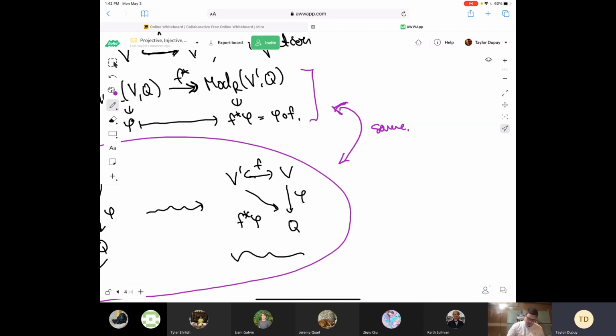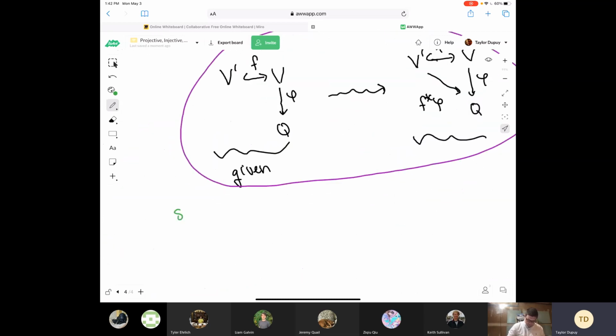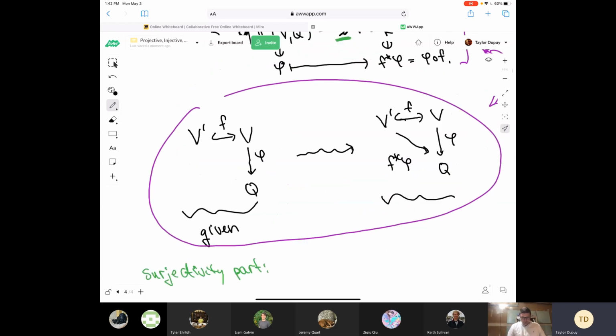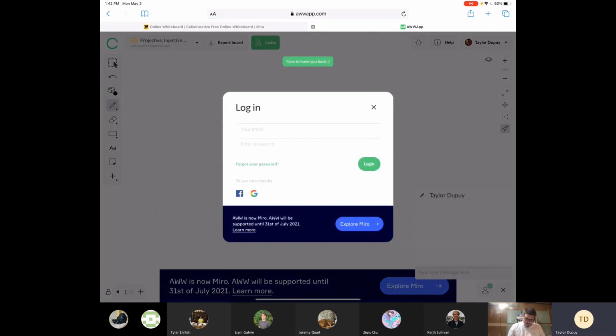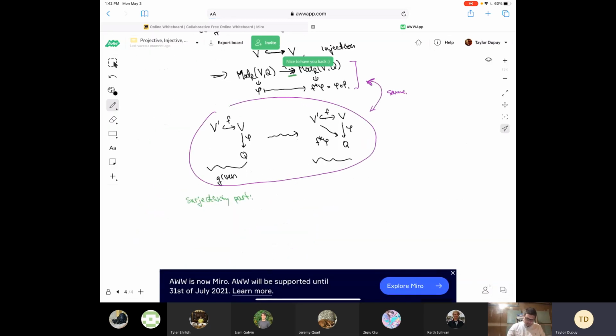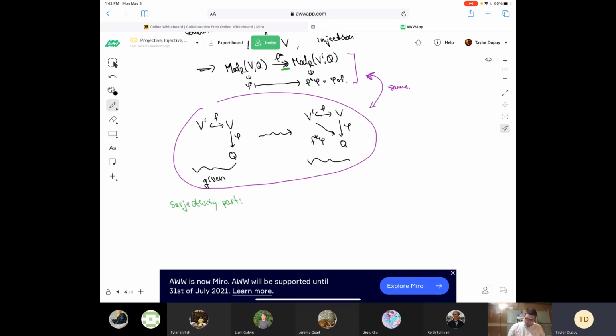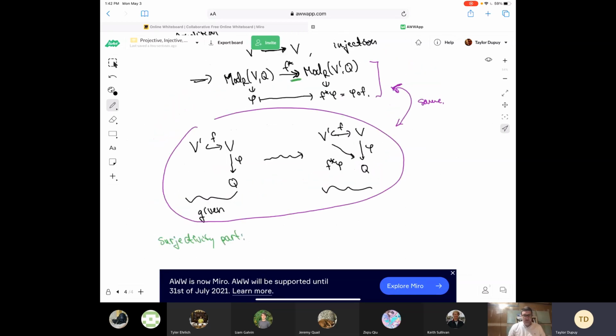Okay, the surjectivity part. For the part in the purple circle, you don't need an injection for this.